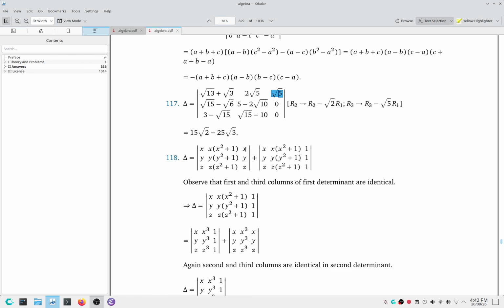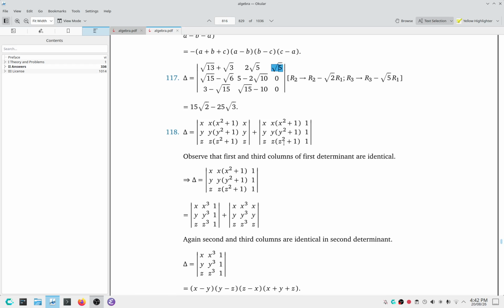If we split the third column, this becomes xyz and this becomes 1, 1, 1. Now if you look at the first determinant, xyz and xyz in the first and third column are equal, so it becomes 0. Now we are left with this. Now what we do here, we split the second column.